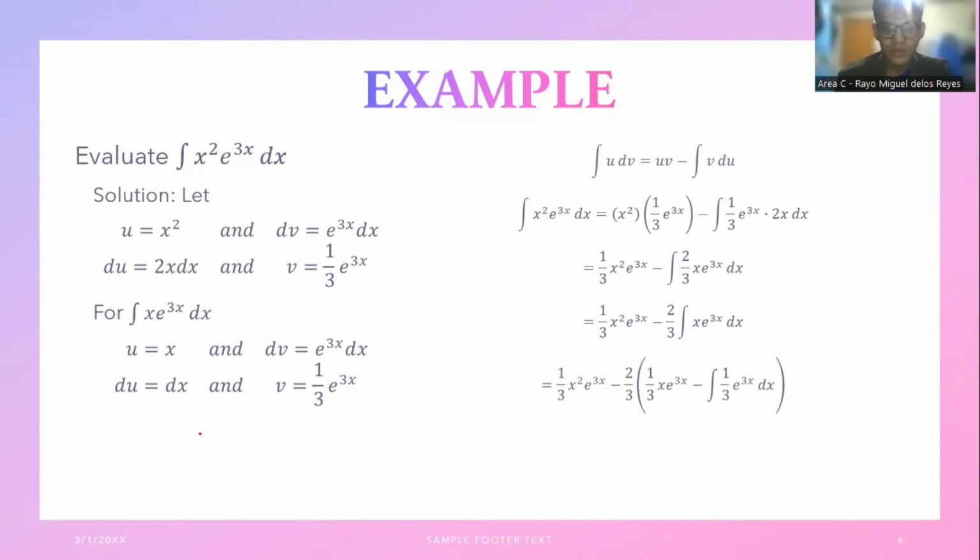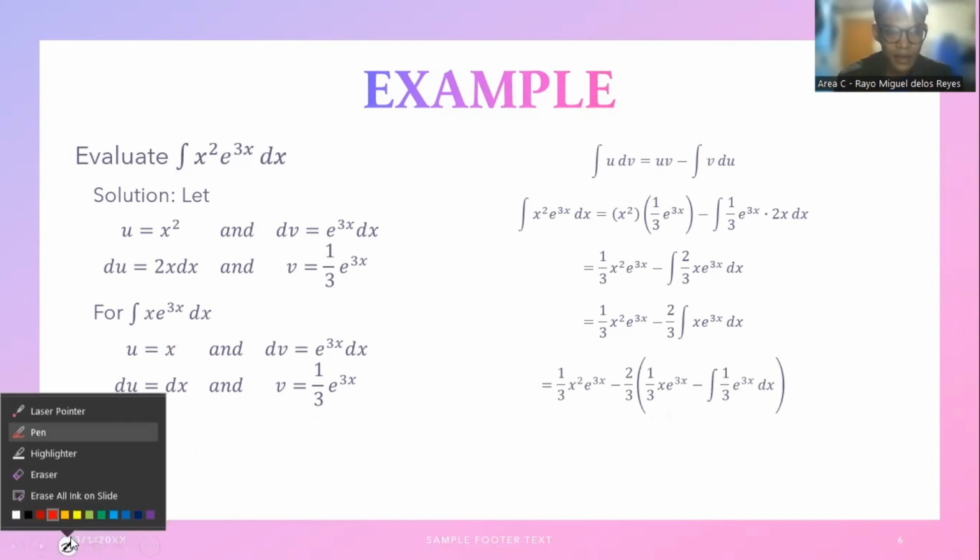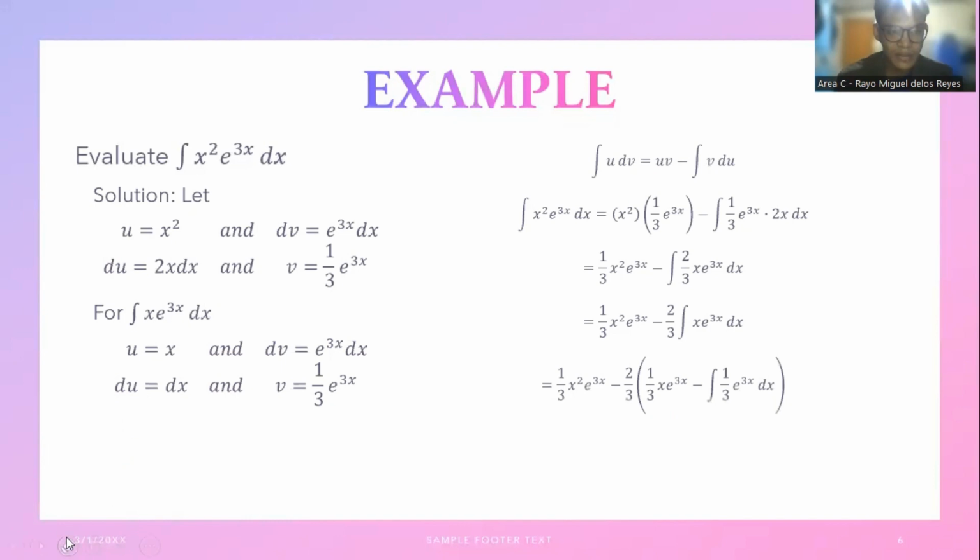Ayan. So we have, para mas maintindihan natin, the integral of ang uv natin, ang u is x, wait lang, mali tayo. Ayan. So ang uv natin is x times 1/3 e raised to 3x minus the integral of, ang v natin is 1/3 e raised to 3x.